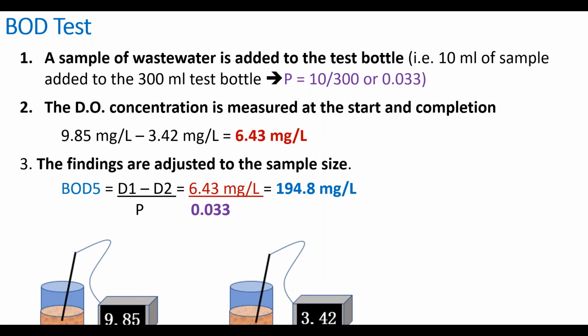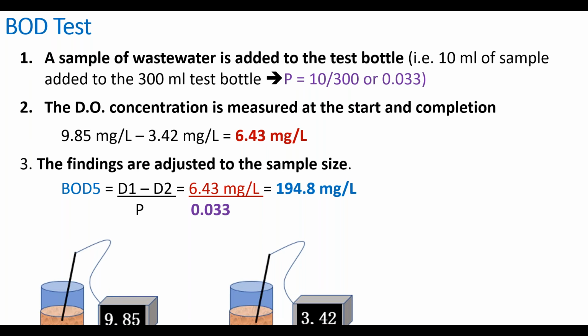Then we have to adjust it, and that's where that 0.033 comes in. We divide that oxygen demand by 0.033 to find out what the oxygen demand was for an entire liter. What we're trying to get to is milligrams per liter, because that's parts per million and we can use that in the pounds formula. So this is our BOD. This is the BOD that we're going to use to represent the food coming in.